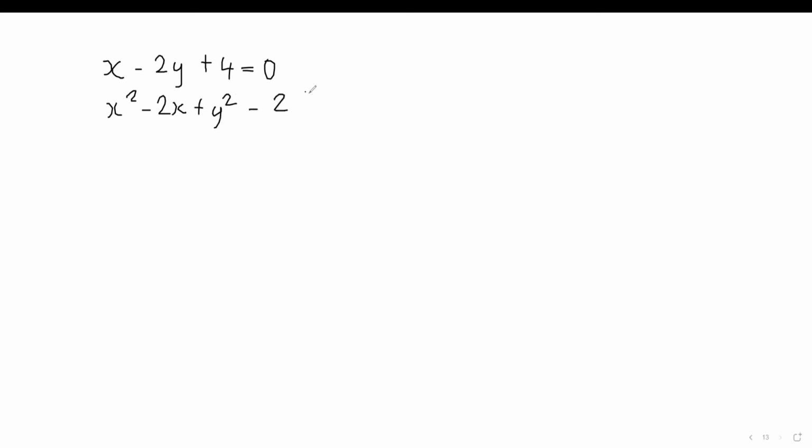The constant, I think it's 51, plus 51. This equals 0. So now, Marika, we're going to solve them simultaneously. So this right here now, we can make x the subject. Making x the subject, x is equal to 2y minus 4.